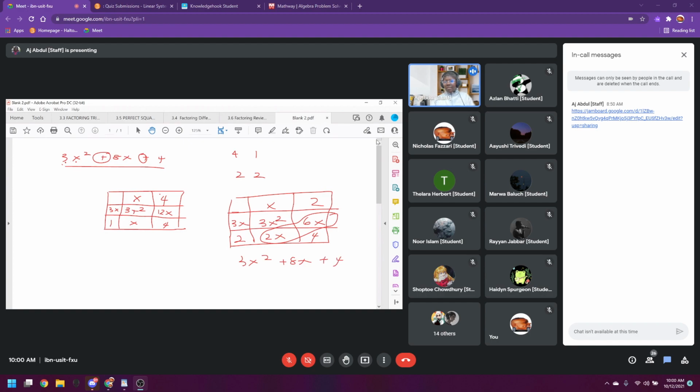So that means my factors are going to be 3x plus 2 times x plus 2. This is what people use when they talk about the area model. But it takes patience to figure out how to break this trinomial into the parts that will be the factors.